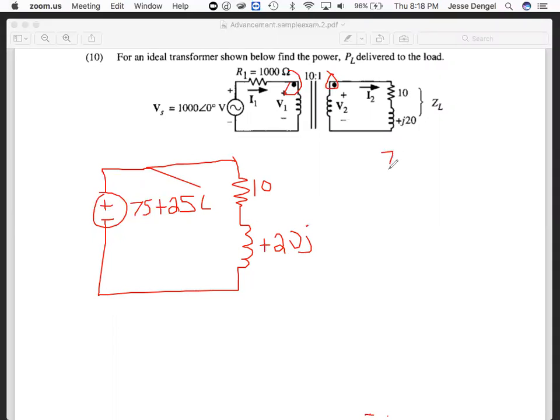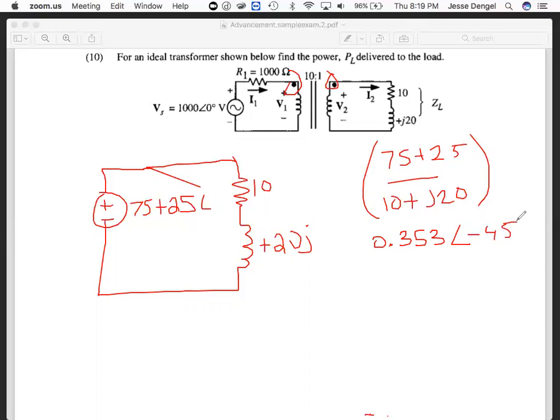So we divide 75 plus 25I by 10 plus J20 to get 0.353, angle negative 45 degrees. That's our current.